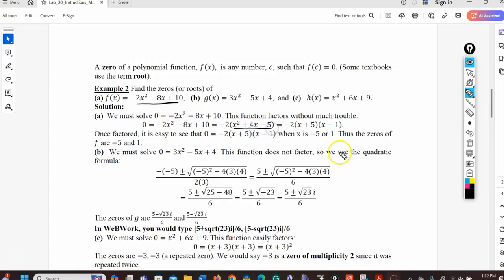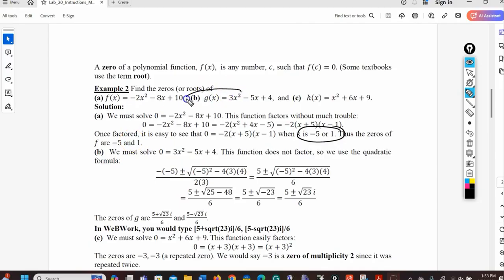And then it's easy to factor that using the trick. And once you have that and set it equal to 0, it's easy to see what your zeros are. So your zeros are -5 and +1. That one was easy to see because it factored.